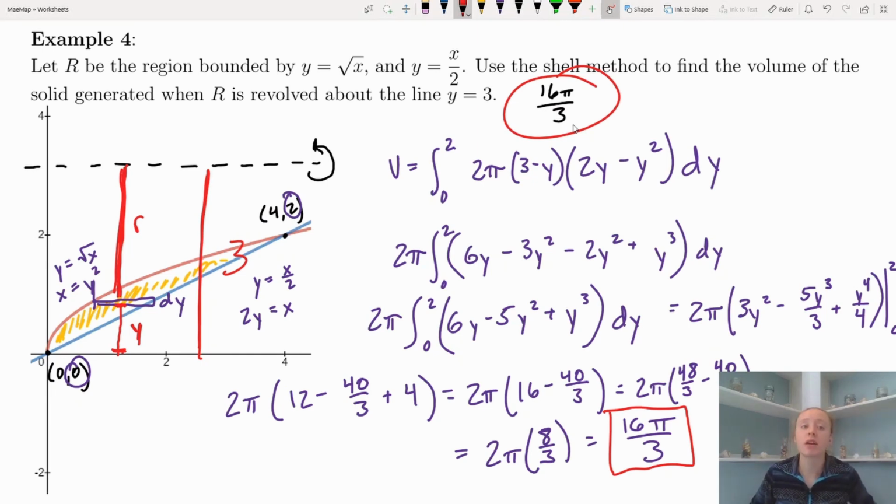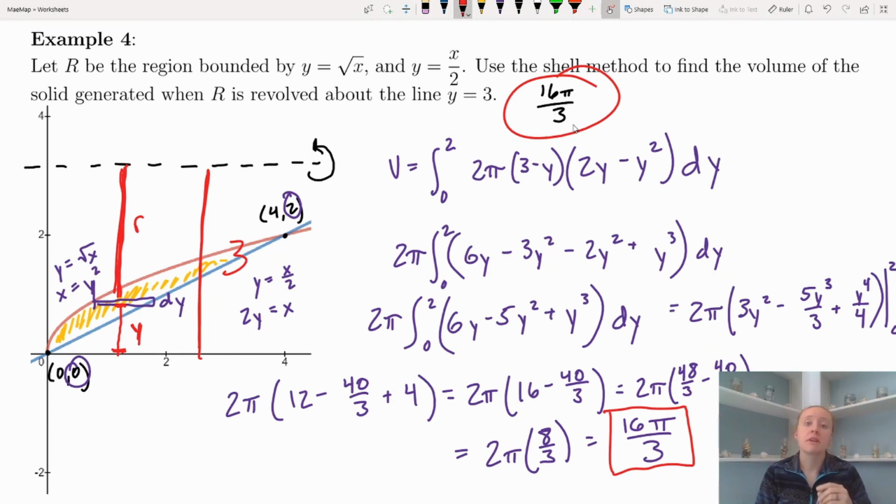Now just to reiterate one more time, when doing the shell method, we're integrating the area of that shell, which we find by doing the shell circumference times the shell height. The height is going to either be top minus bottom or right minus left, depending on what we're integrating with respect to, and that shell circumference is 2 pi times our radius r, where r is the distance from that line we're revolving around to our rectangle.